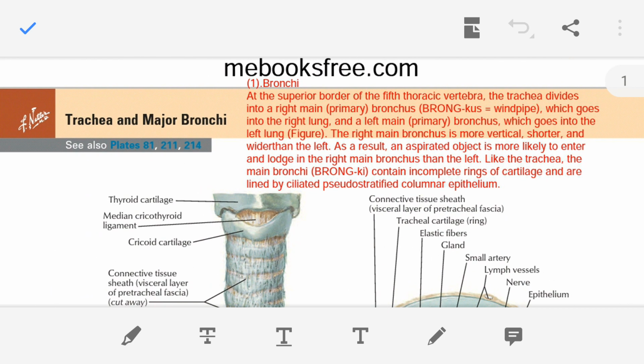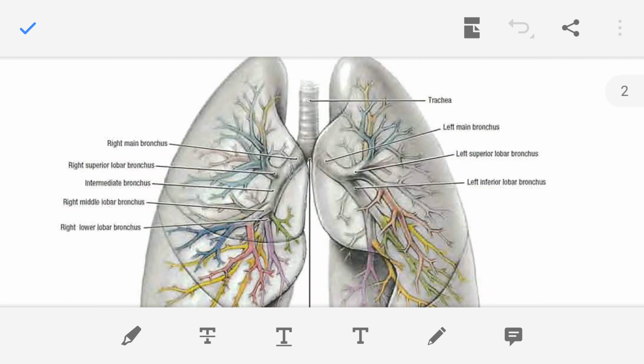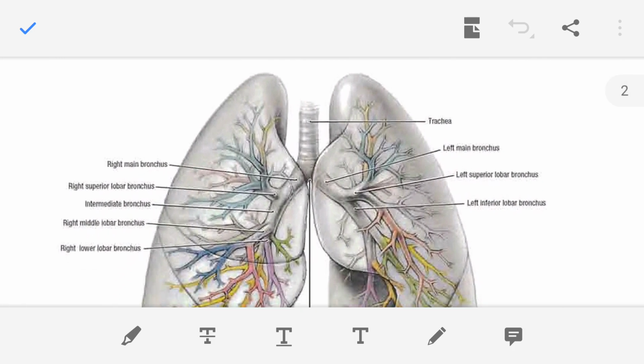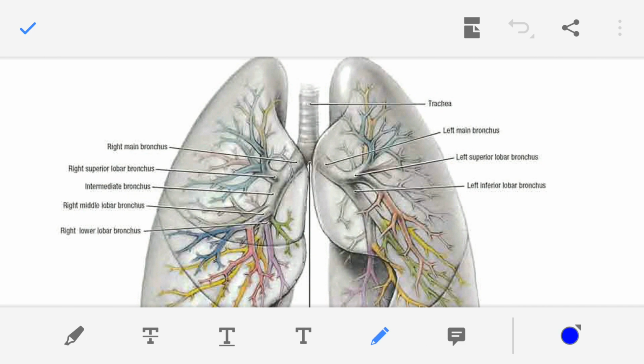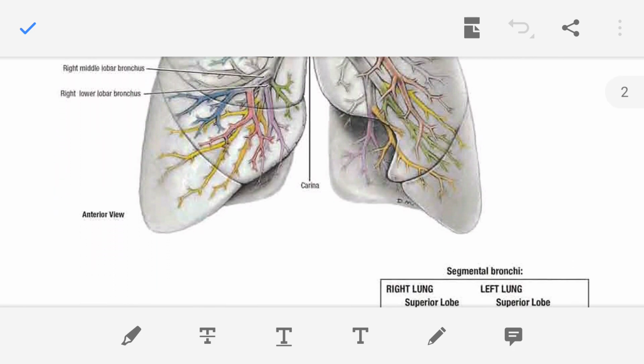So in the figure I am showing you this. For example, over here the trachea is shown, and this branch is the left main bronchus, and this branch is the right main bronchus. So we have two lungs, the left one and the right one.